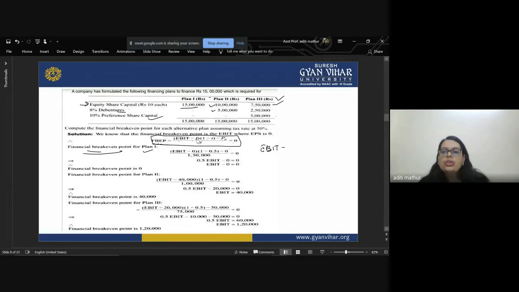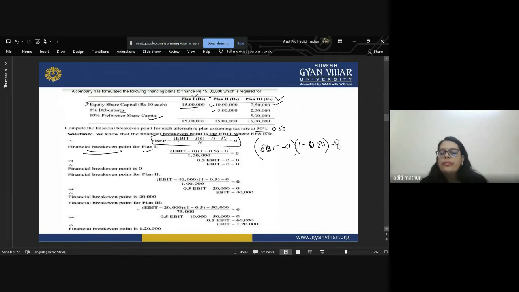Minus interest. So in plan 1, we don't have any interest amount, that's why 0, into 1 minus tax, which is 50%, that is 0.5, minus preference dividend.